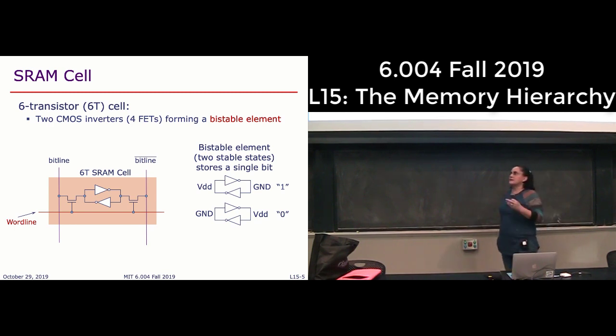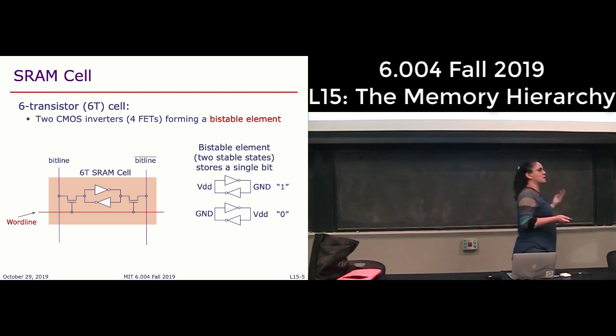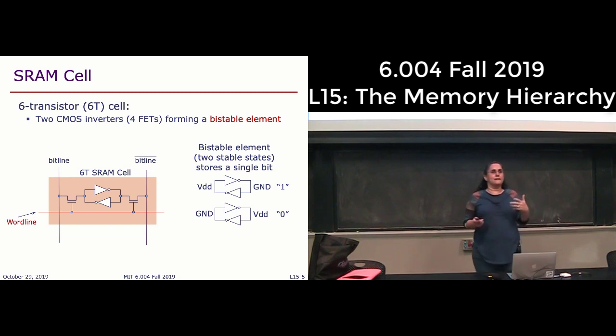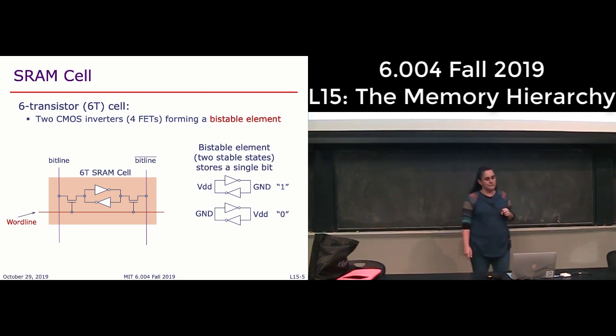Let's first see what these inverters do. If you recall, in our first sequential logic lecture, we saw that if you connect 2 inverters back to back, you're basically forming a storage element. If I have, let's say, VDD on this side, then I'm going to continue to have VDD, because this first inverter makes sure that's ground, and then the next inverter makes sure I get a yet stronger VDD signal, so I'm able to maintain that value.